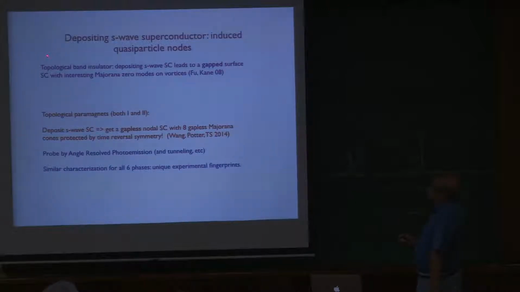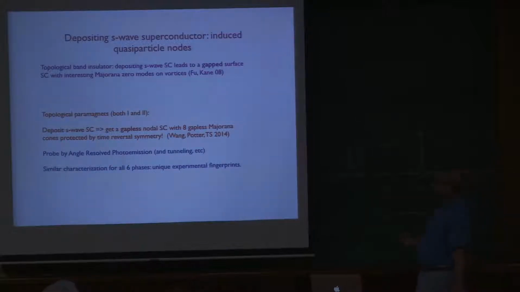So let's ask about the fate of the similar experiment on these topological paramagnets. Now it turns out something remarkable happens. I take my topological insulator and I deposit an S-wave superconductor on the surface, and if the proximity coupling is strong enough that I gap everything out, or rather, normally I would have gapped everything out, in the standard topological insulator.